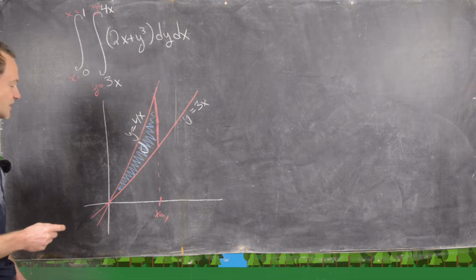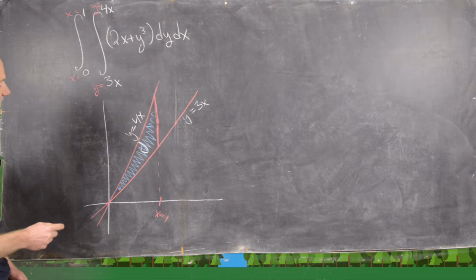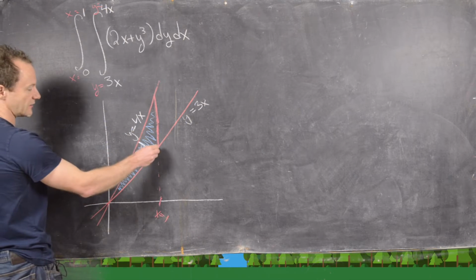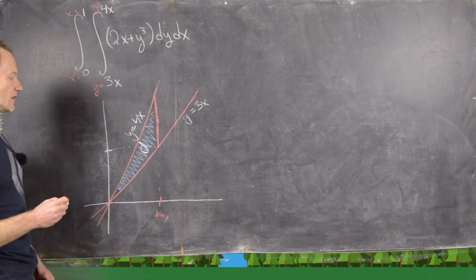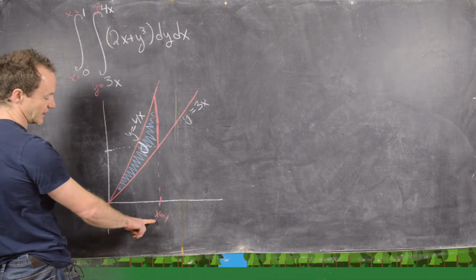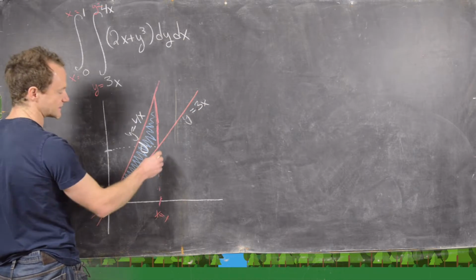So now if we want to change the bounds of integration, what we want to notice is that this is going to be split up into two regions in the following spot. So at this intersection point, we can split this into two regions, but notice that this intersection point is the point where x equals 1 along the line y equals 3x.